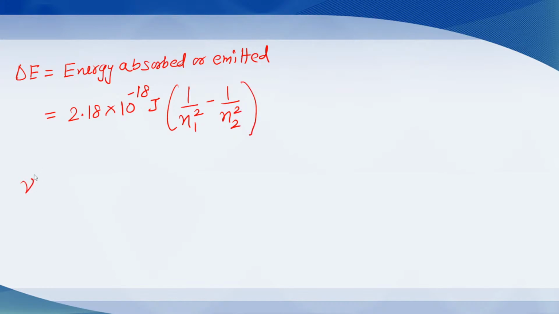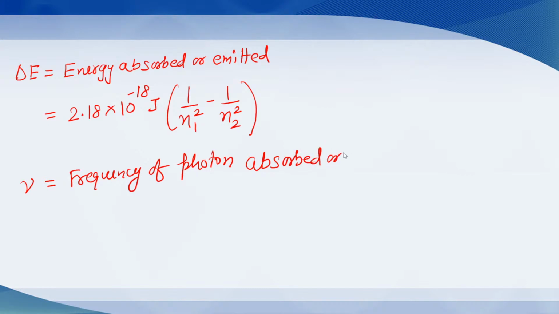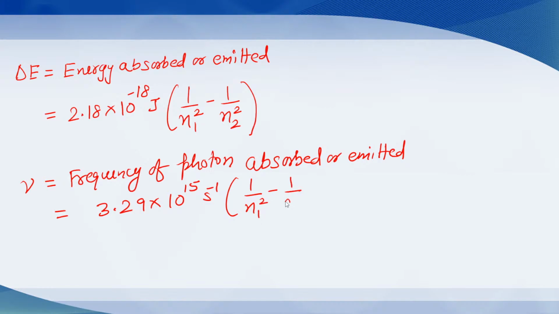The second expression is the frequency of the quantum, or we can say the frequency of the photon absorbed or emitted, that is equal to 3.29 into 10 raised to power 15 per second, into 1 upon n1 square minus 1 upon n2 square.